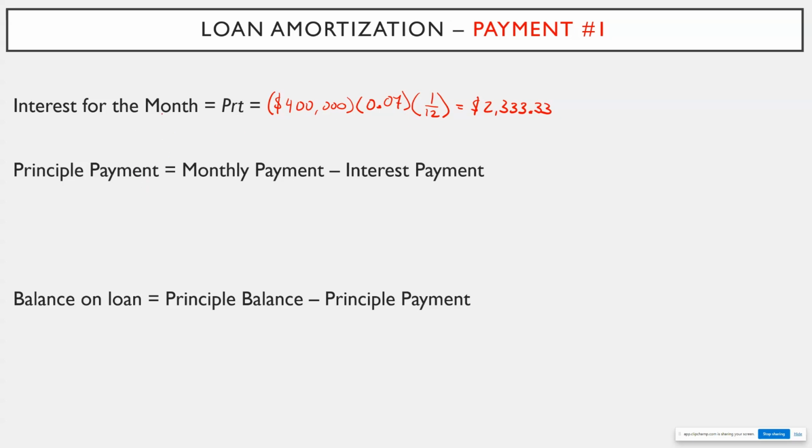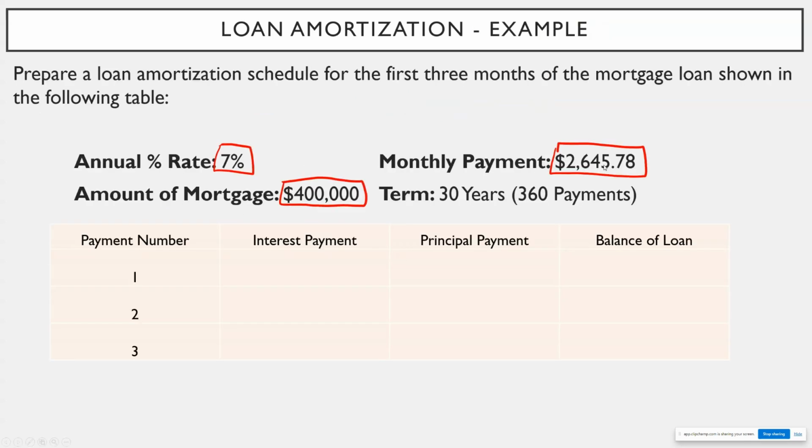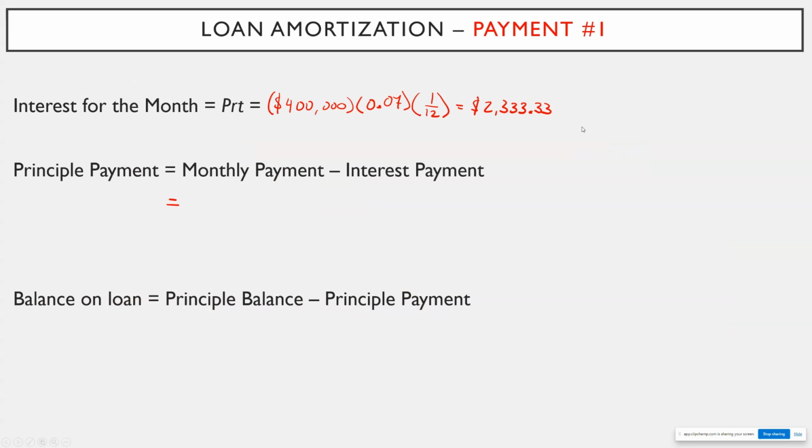Now, that's how much we have to pay in interest. How much of my payment goes to principal? For the principal payment, you take your monthly payment, which was $2,645.78, and subtract how much you paid in interest, your interest payment, which was $2,333.33.